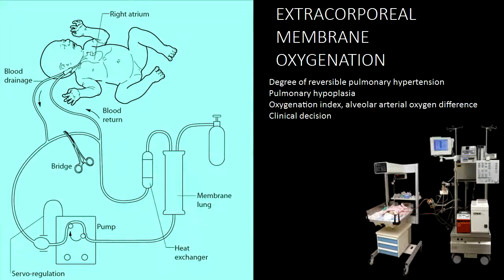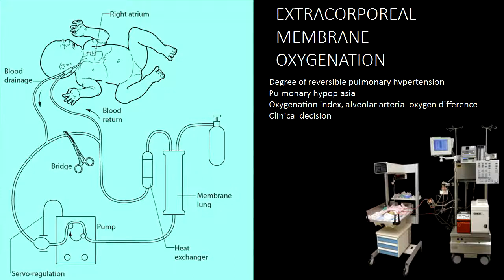What we have to do is, oxygenation of the blood has to be done outside by the membrane oxygenator, that is extracorporeal membrane oxygenation. This is the concept of extracorporeal membrane oxygenation, where we take the blood from the venous system of the patient, through a pump take it into a membrane oxygenator, oxygenate and return the blood to the venous system.